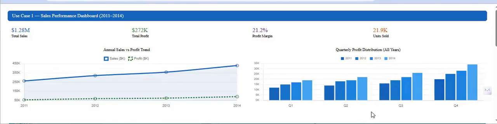Now what pattern do you see here? Look at quarter 4. Those bars are the tallest among Q1, Q2, Q3, Q4. Q4 is the strongest quarter. Why? Think about it. October, November, December, what happens?